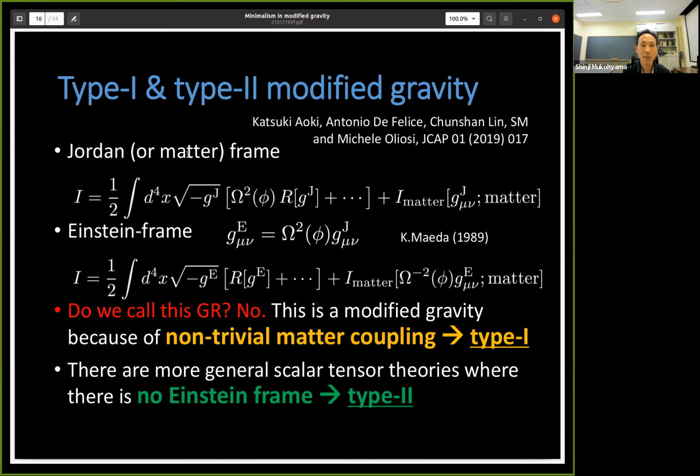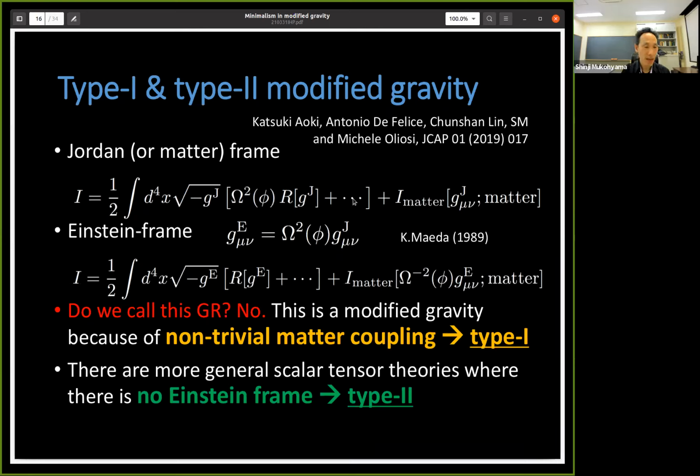Let me explain this by using a simple scalar tensor theory. Not yet MMG, but a simple scalar tensor theory. This is the action of a simple scalar tensor theory in the so-called Jordan frame, or matter frame. The 4D Ricci scalar is multiplied by some function of the scalar field, and we have some kinetic term and a potential for the scalar field.